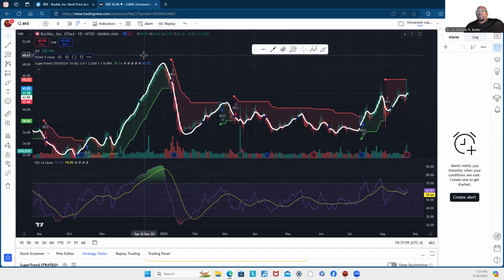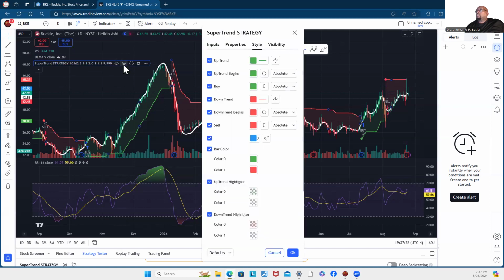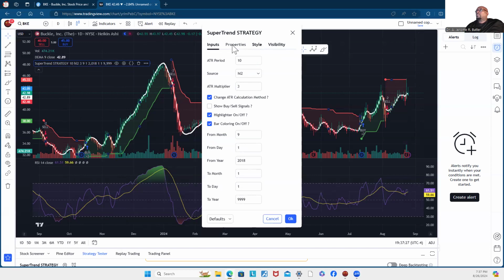Again, I pay for the version because we do use it for charting. We use it for training. The other thing with your double EMA, let's go to the settings here in the double EMA. Let's go to our inputs.